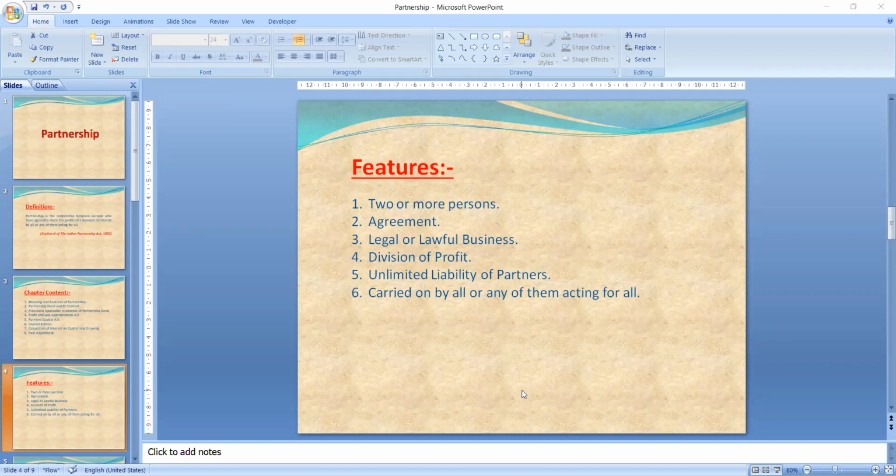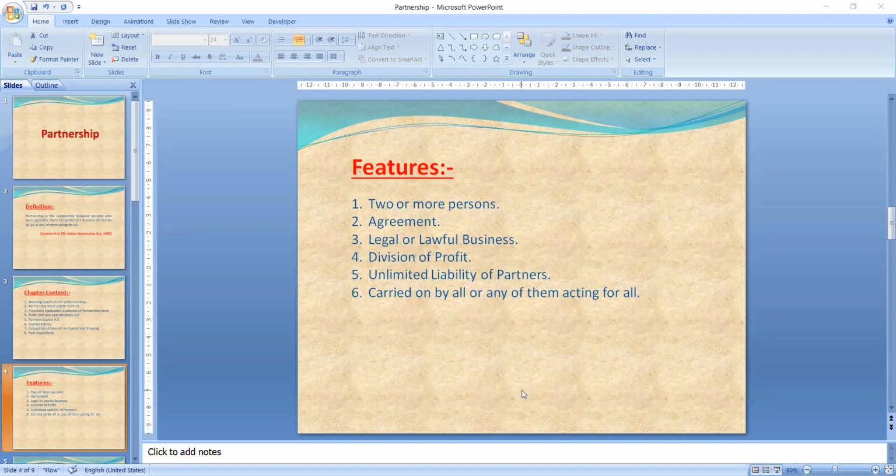Now the business has a shortage of funds. We have to pay 5 lakh and we have assets of value 2 lakh, so there is a shortage of 3 lakh. Now these 3 lakh will be brought by partners from their personal assets.